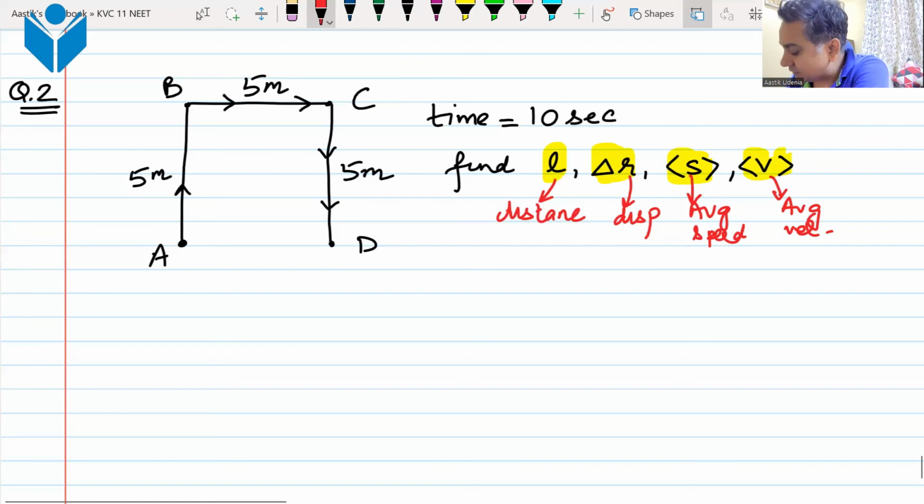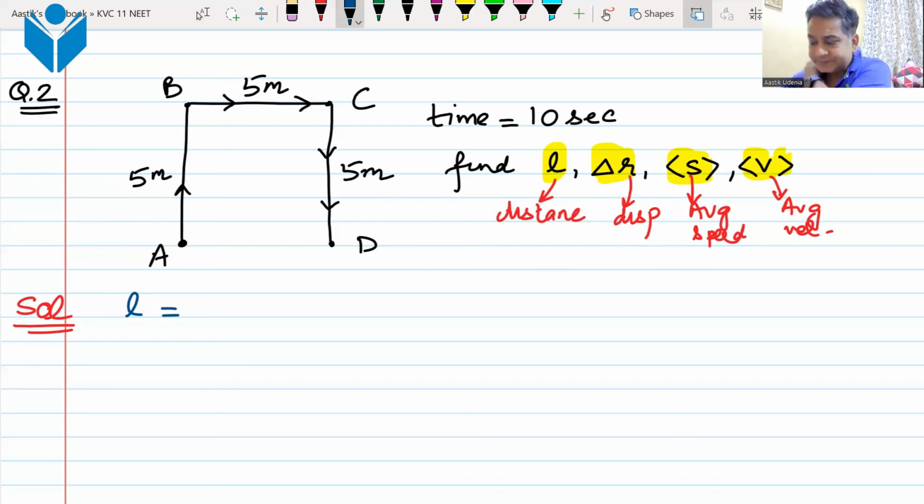Tell me, what are the answers? What is L? The distance traveled by the particle. It goes from A to B, B to C, C to D. What is the distance traveled?